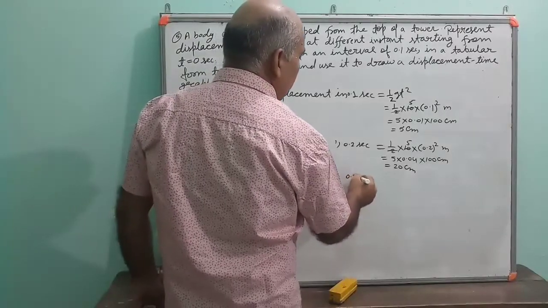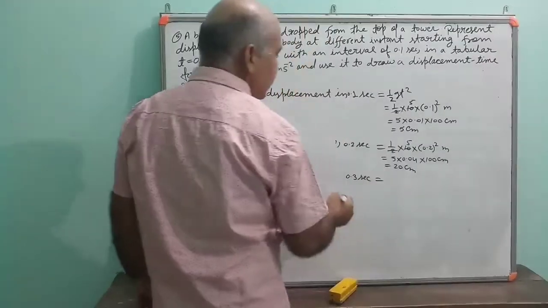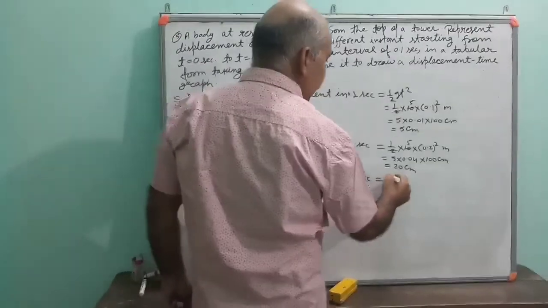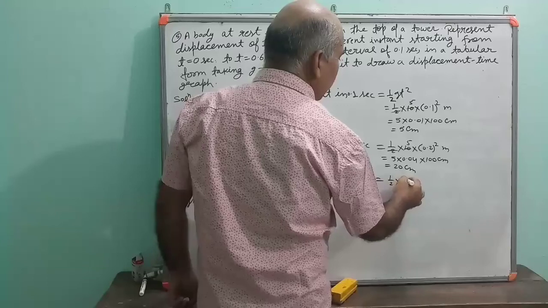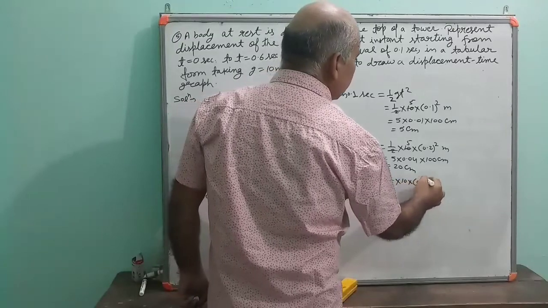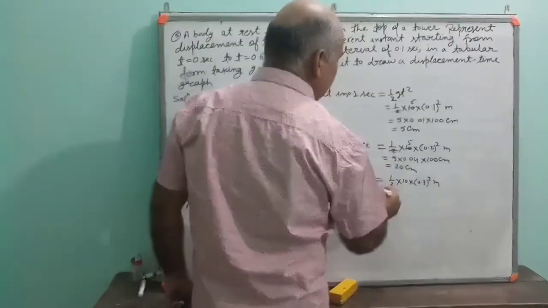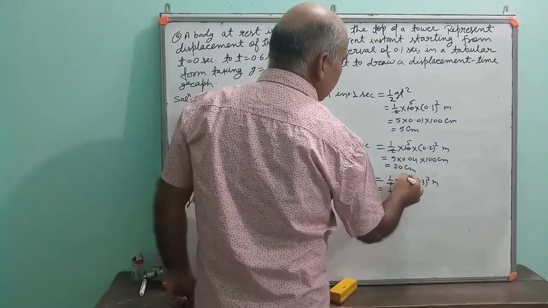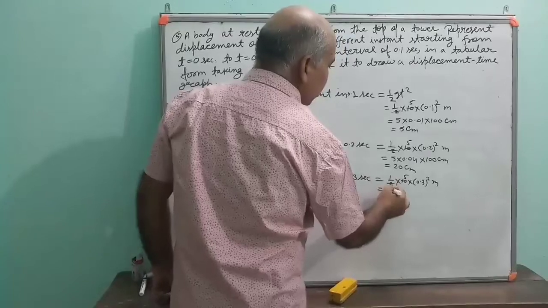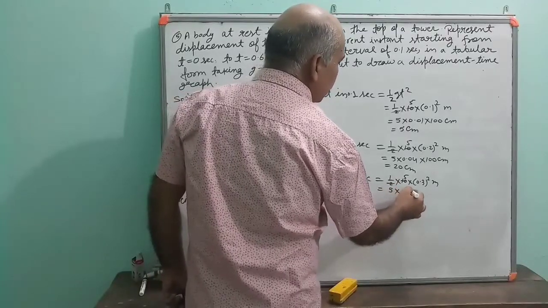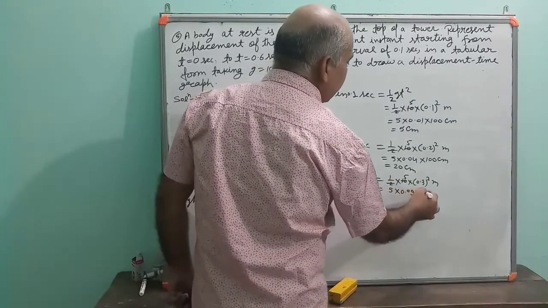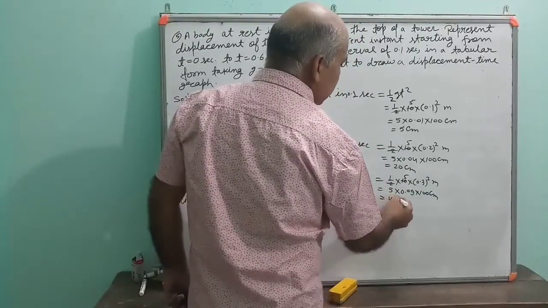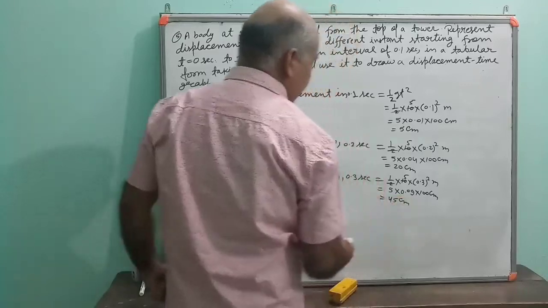Now the displacement in 0.3 seconds will be 1 by 2 into 10 into 0.3 square meter. That means 1 by 2 dividing 10 gives 5, 5 into 0.09 into 100 centimeter, that means 45 centimeter.